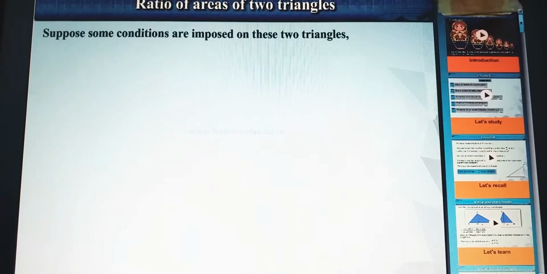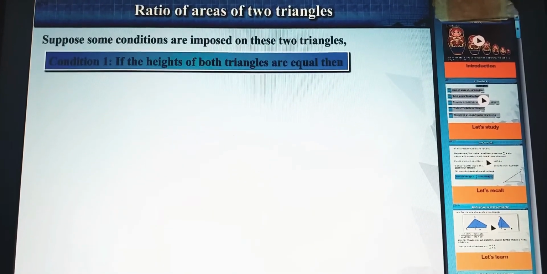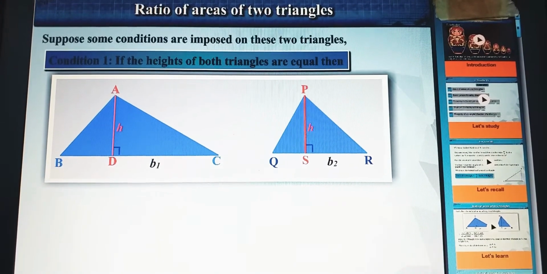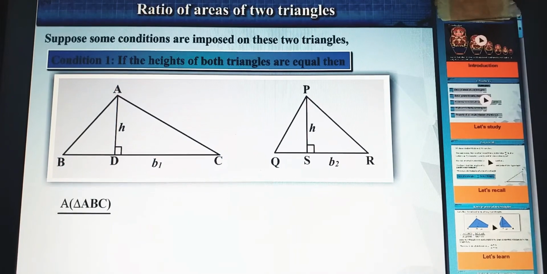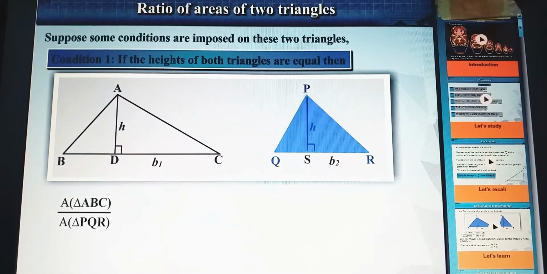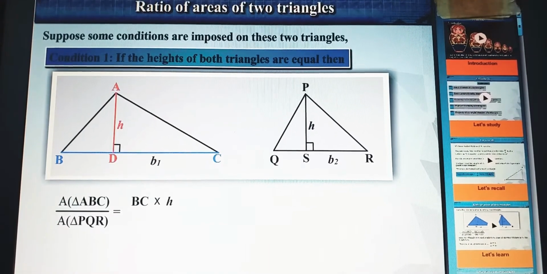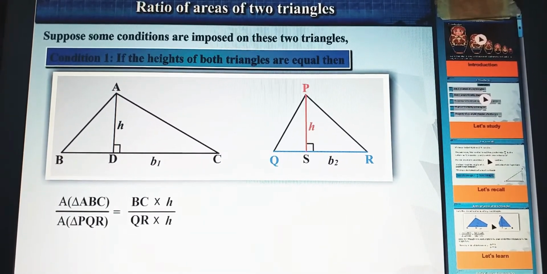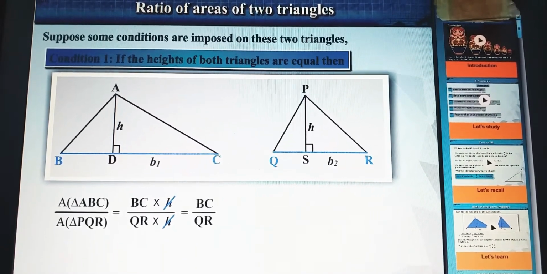Suppose some conditions are imposed on these two triangles. Condition 1. If the heights of both triangles are equal, then area of triangle ABC upon area of triangle PQR is equal to BC multiplied by H upon QR multiplied by H, which is equal to BC upon QR.